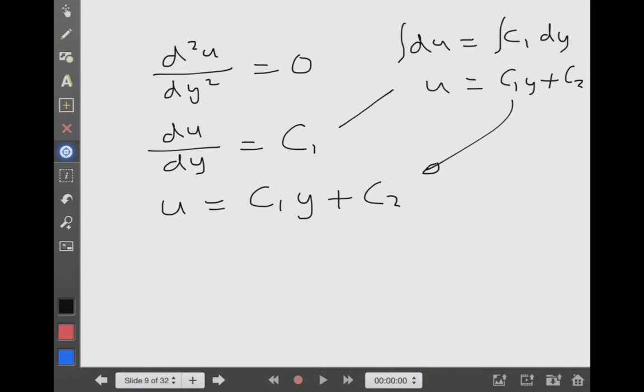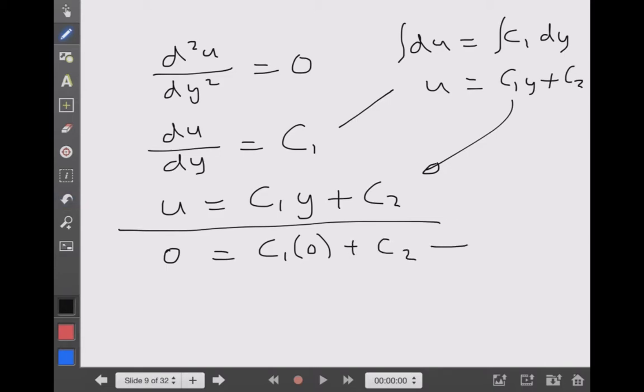Now let's just quickly apply the boundary conditions. So the first boundary condition is that u equals 0 at y equals 0. And so we can see that that gives us c2 equals 0. And applying the second boundary condition, we're going to have u equals c1 times L. Y is now L, and we've already noted that c2 is 0.